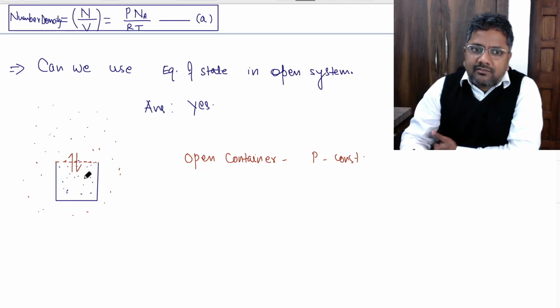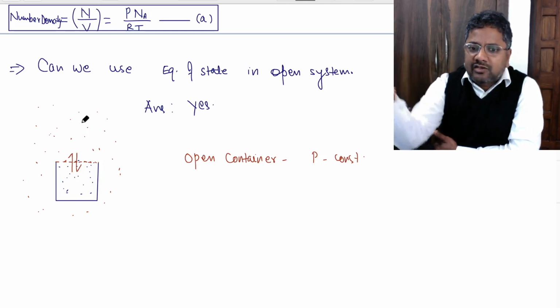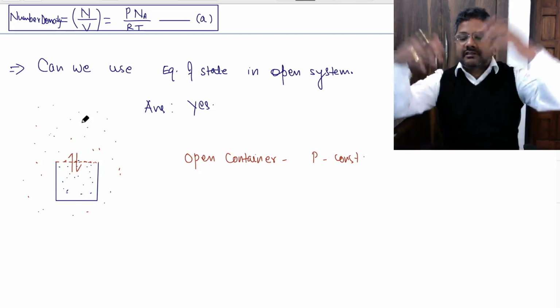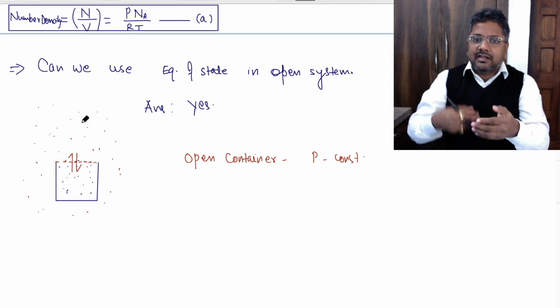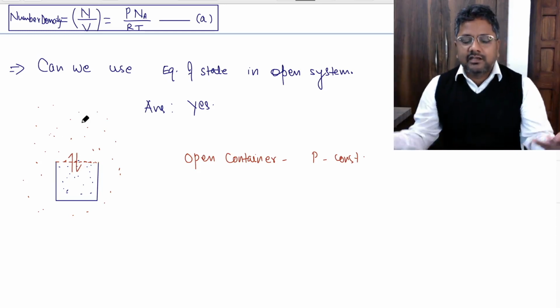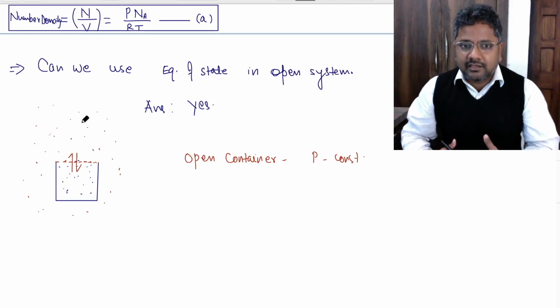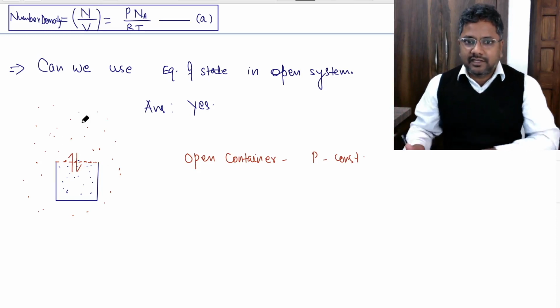Don't think that if some gas escapes out, then the atmospheric pressure will change. No, no. See, the atmosphere is so huge, so large, that if a little bit of gas escapes out, the pressure of the atmosphere will not change. This is not like that.